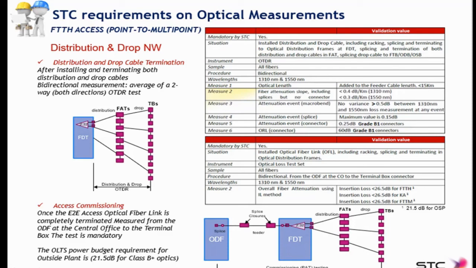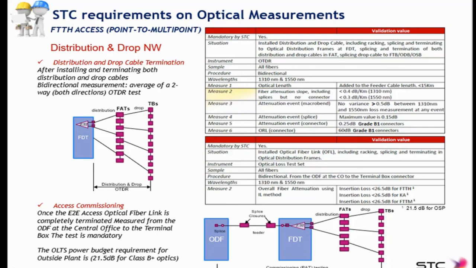The last test is the access commissioning, the PAD test. This is an OLTS test performed on all fibers by bidirectional testing, although unidirectional could in some cases be accepted, performed from the ODF at the central office to the terminal box connector in the customer premises. It's an end-to-end test.